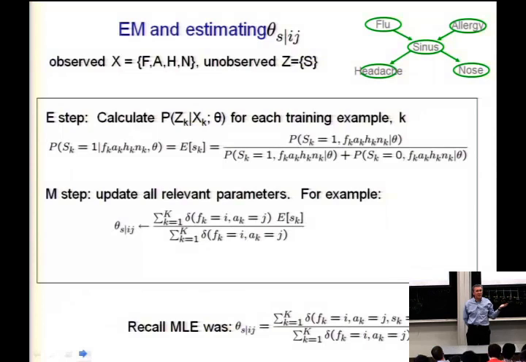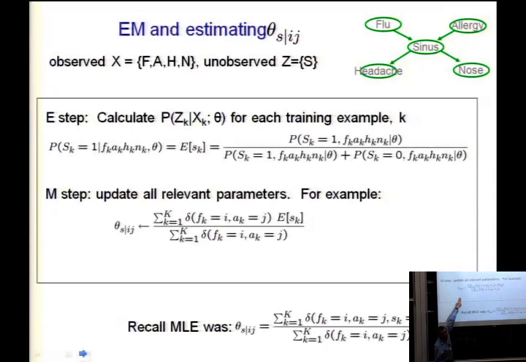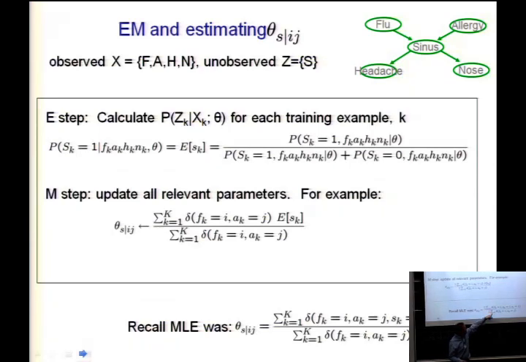Well, that turns out to be just like our maximum likelihood estimate that we had before, except now we are taking, for example, to find the probability that S equals 1 conditioned on its parents taking on the values I and J, instead of taking our old MLE, which we would use if we could see all those values, we now have one that looks just like it, except that instead of essentially counting S as a 1 or a 0, we're treating it as some expectation.